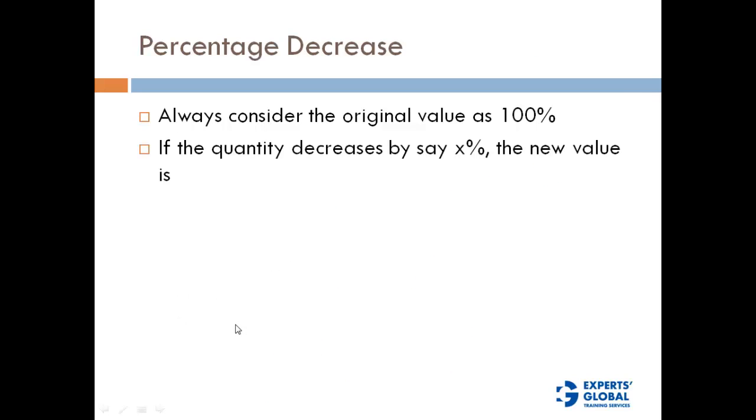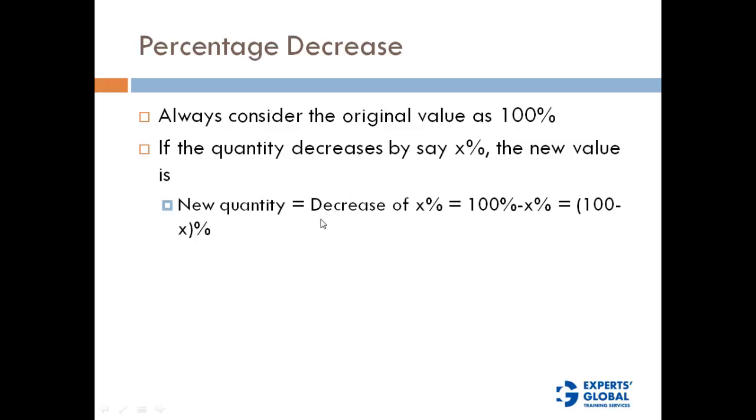Similarly, whenever you are dealing with percentage decrease, always consider the original value as 100% for the same reason. If the quantity decreases by X%, the new value is going to be a decrease of X%. That means 100 minus X%. If you solve it further, you will get 100 minus X% is 100 minus X divided by 100, which is going to be 1 minus X divided by 100.